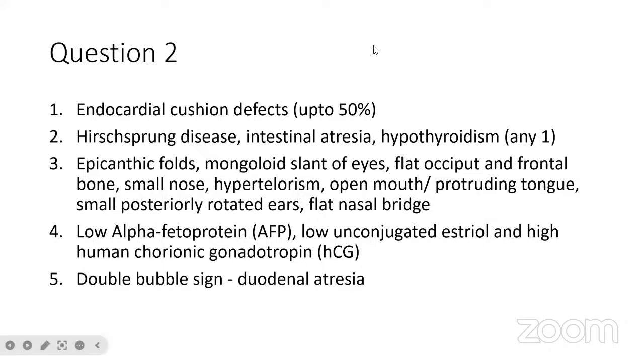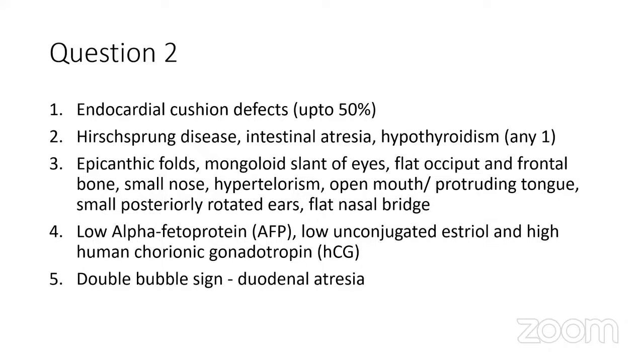Another important associated screen that is often done these days is the quadruple screen, in which the fourth component is inhibin A. So remember that two of the three components in triple screening are decreased, the AFP and unconjugated estriol, whereas HCG is high. We can remember it with a mnemonic. HCG is elevated and the other two parameters in triple screen are usually reduced.